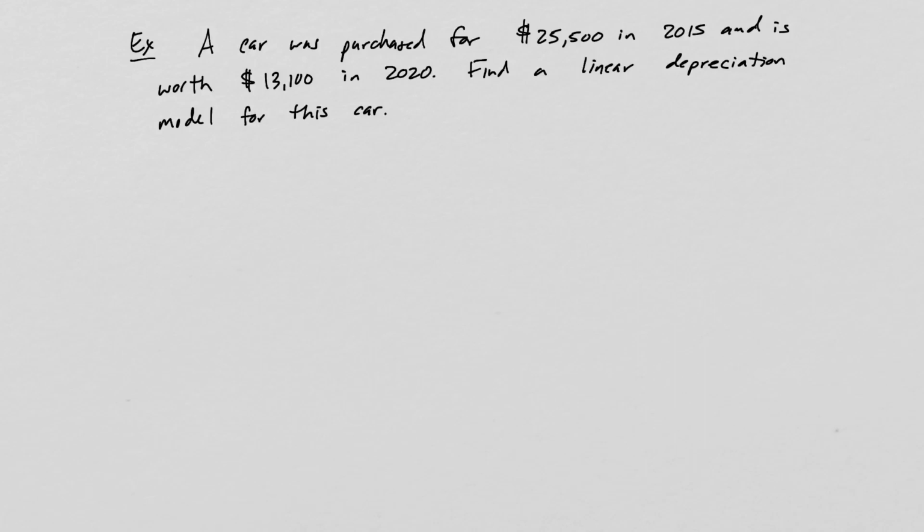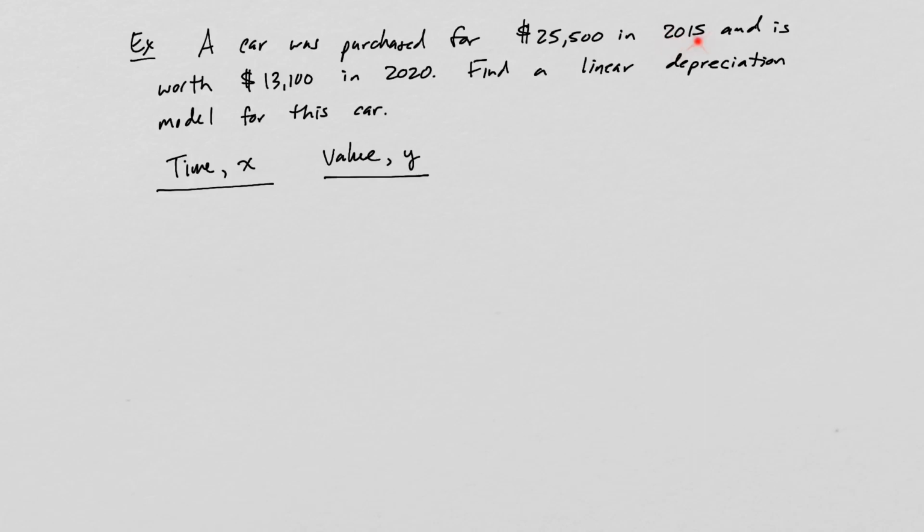So we have two variables here. We have time and we have value. And time will be represented by the variable x, and value will be represented by the variable y. Now, for time, we don't want to state time in terms of years. You can, but it's just not desirable to do that.